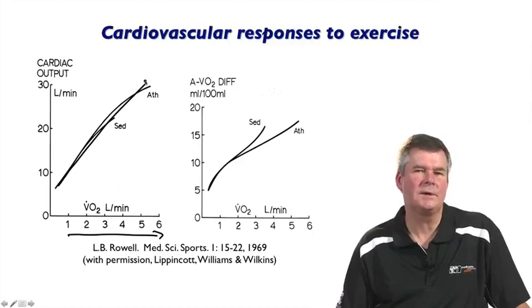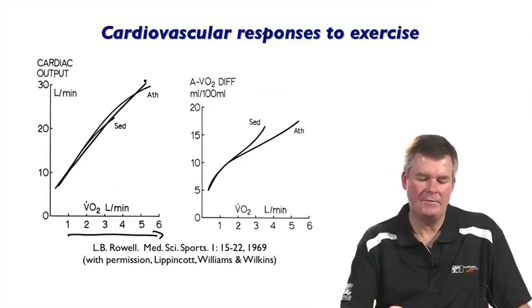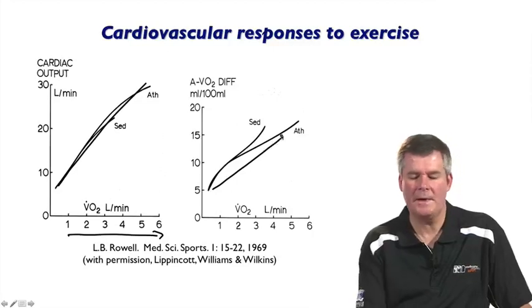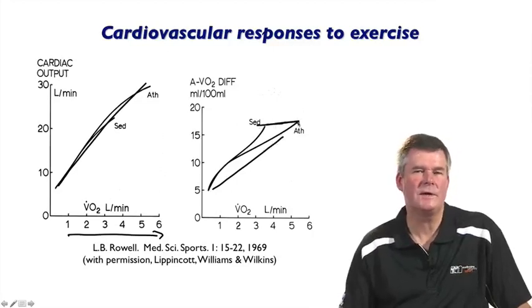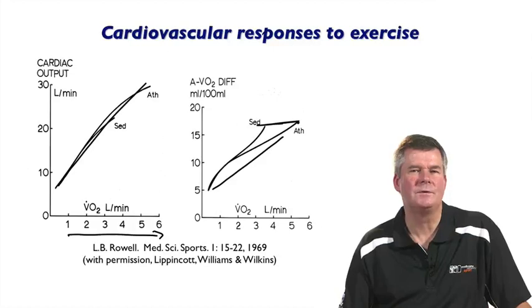And it's largely similar between a sedentary and an athletic group, except that an athlete is able to go to a much higher VO2, and as we'll see, that's largely due to their ability to achieve a higher maximal cardiac output. The AVO2 difference increases, and the maximal AVO2 difference is really not that different. There's a slight increase in the athletic group, but most of the increase in maximal VO2 appears to be due to the increase in maximal cardiac output.